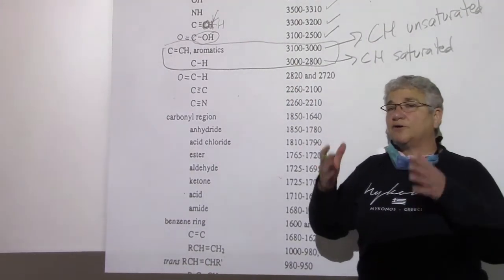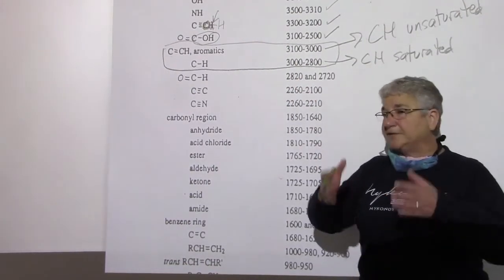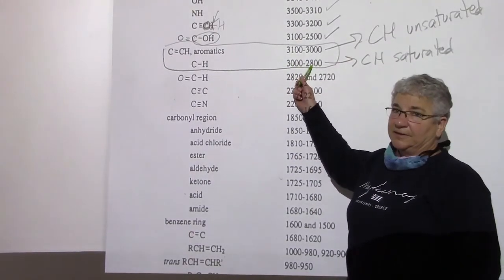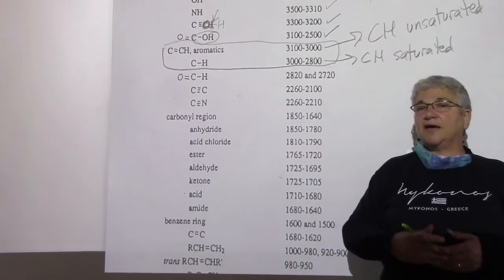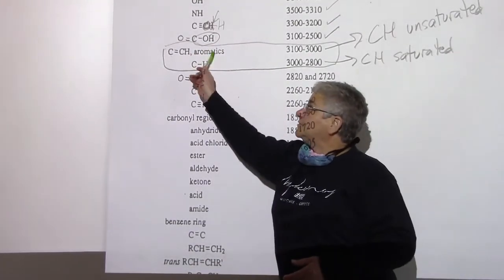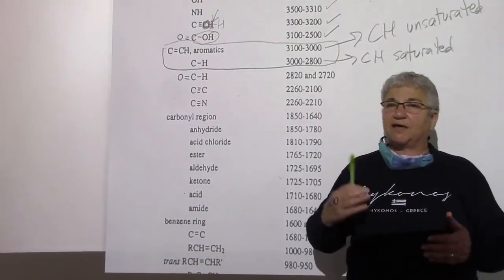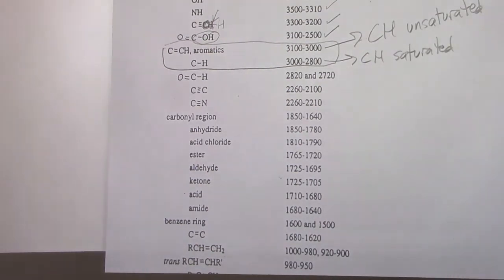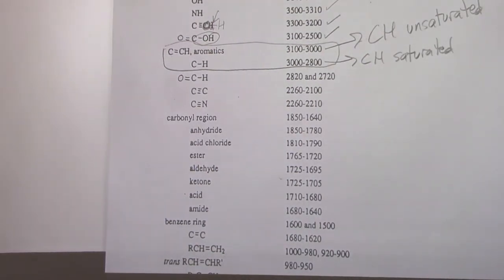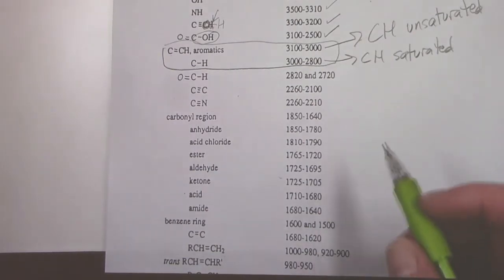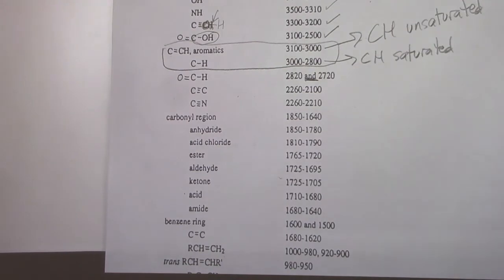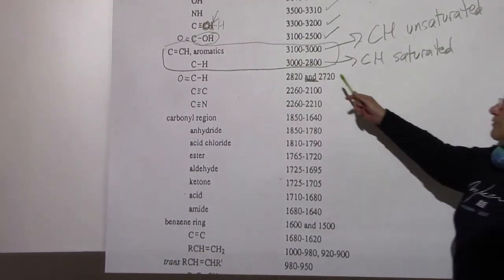But if all of your carbon-hydrogen absorbances are below 3,000, then you can say you don't have these things. So that 3,000 mark really is pretty distinctive. So remember that one.